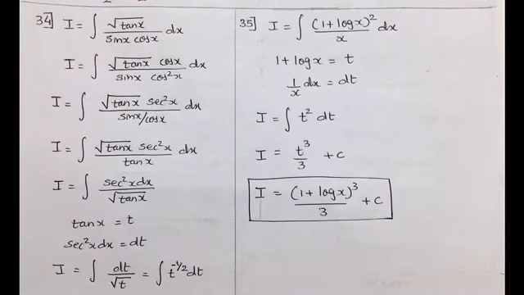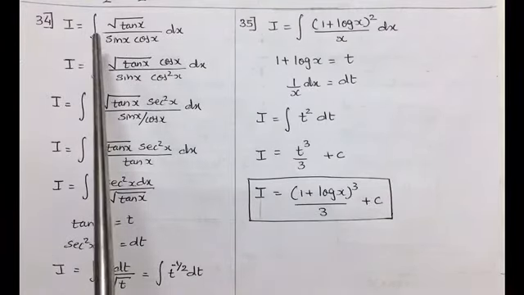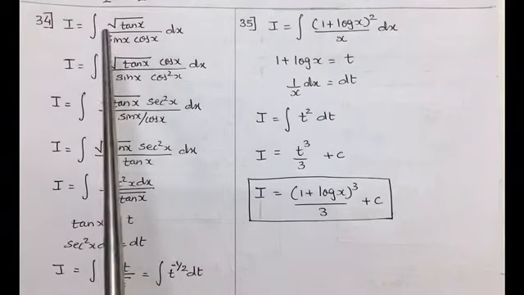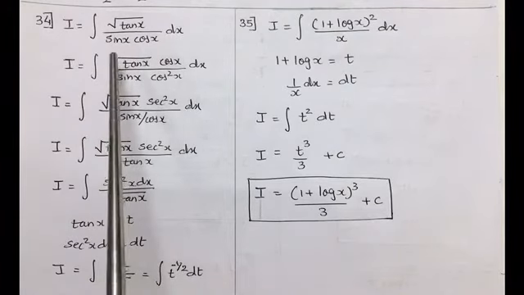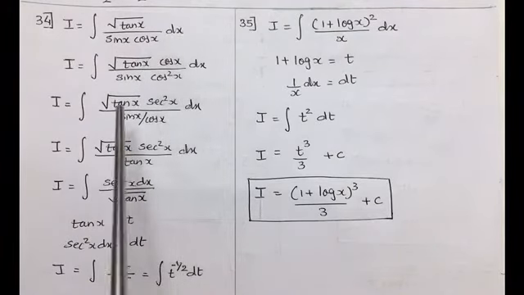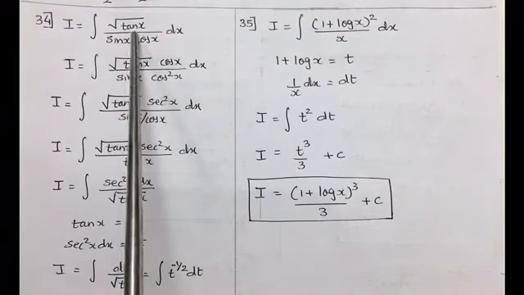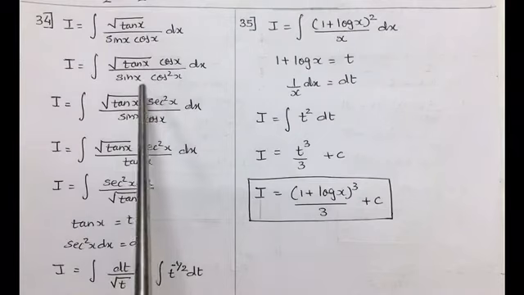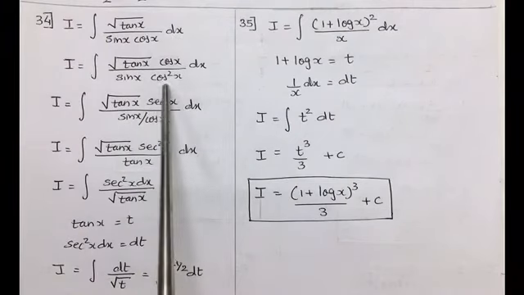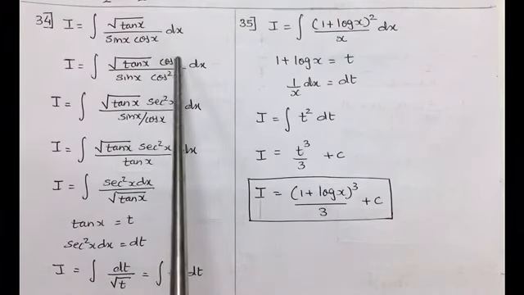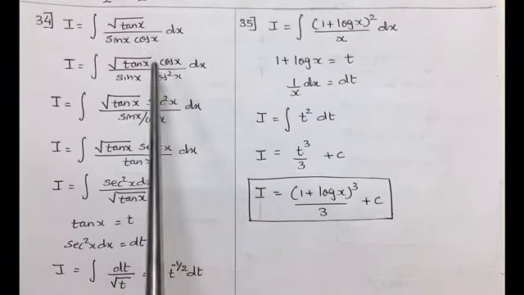34th example given is I is equal to integration root of tan x upon sin x cos x dx. Now we know that tan x integration is sec square x. To get sec square x, we will multiply cos up and cos down.